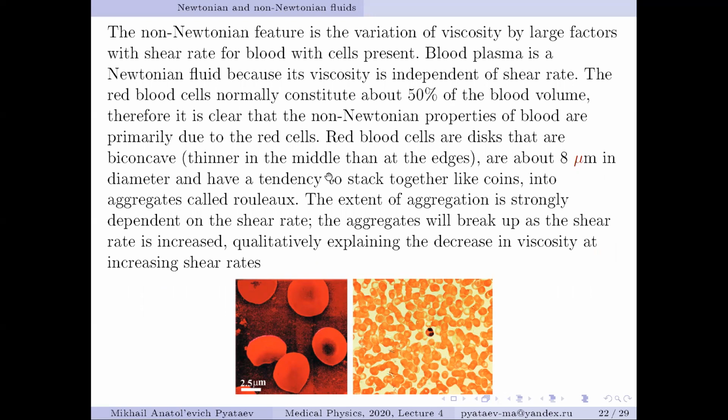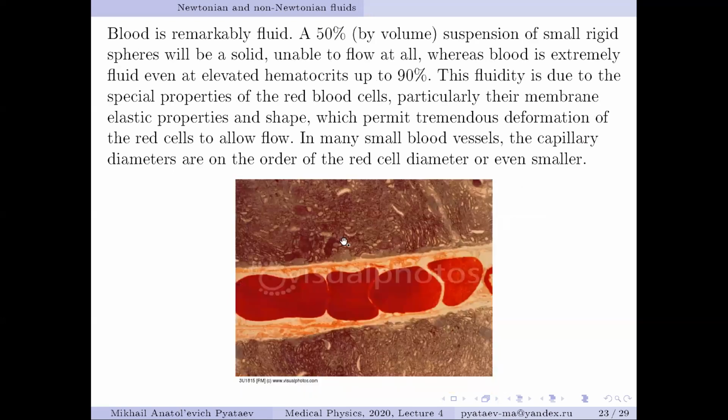They can change their shape in a strong way that allows them to pass through vessels which are smaller than their diameter.